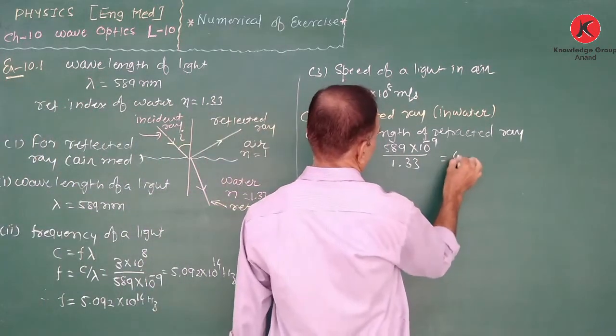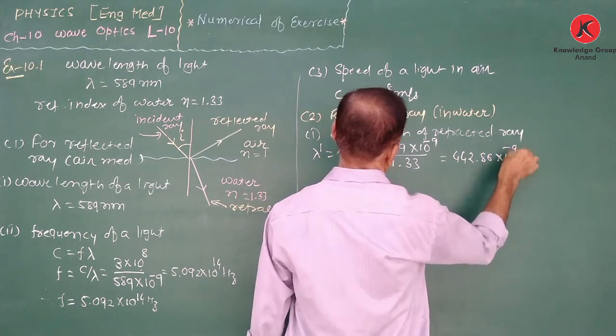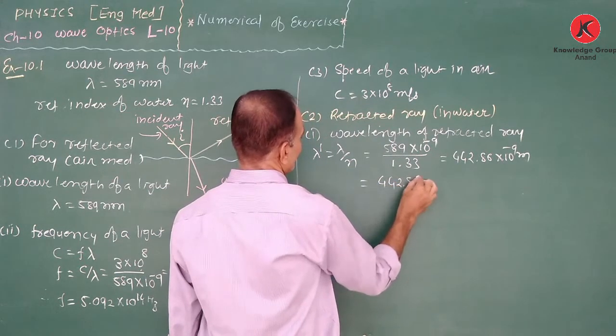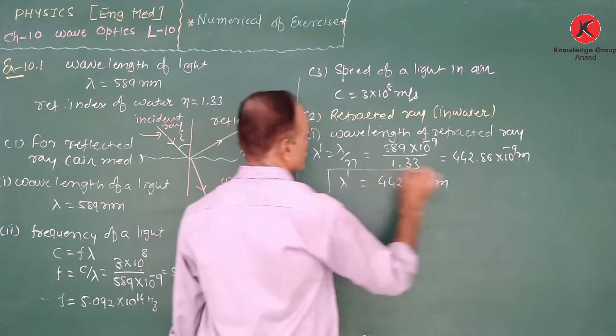Therefore, 442.86 into 10 to the power minus 9 meter, or 442.86 nanometer. That is the wavelength of the refracted ray.